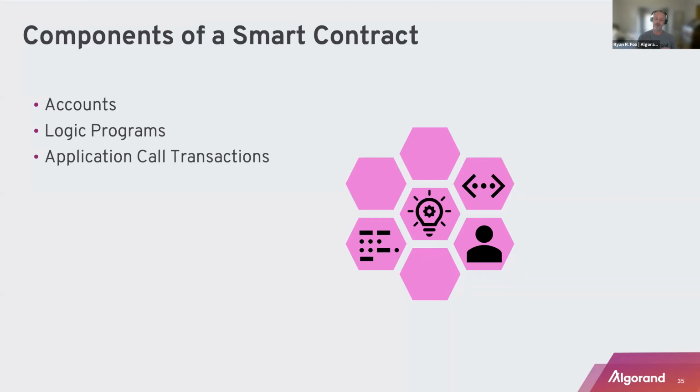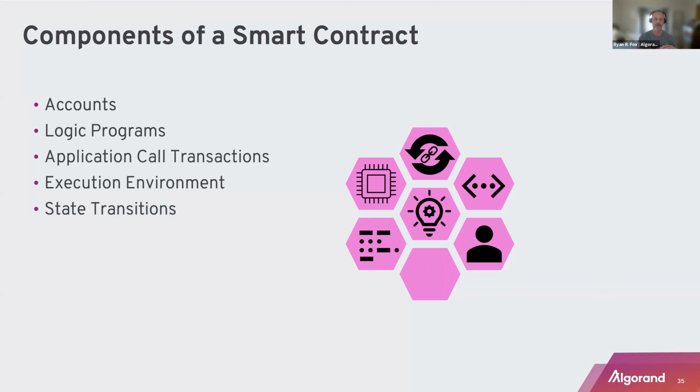And in order to interact with this application ID, you're going to use application call transactions, a specific type of transaction on the Algorand network that only knows how to talk to applications. Those signed application call transactions are going to go into the execution environment. We call that the Algorand virtual machine.